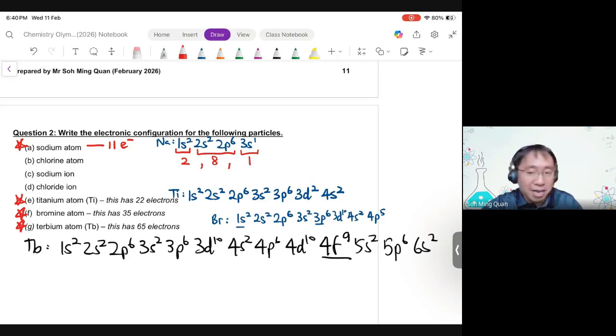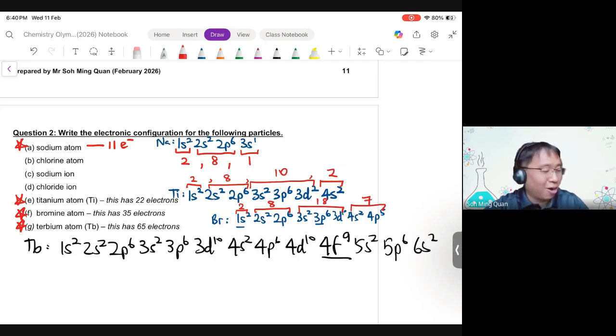How about titanium? Titanium is interesting: 2, 8, strangely, 10, 2. How about bromine? 2, 8, 18, 7. Wow, bromine has 7 in the outermost shell, right?